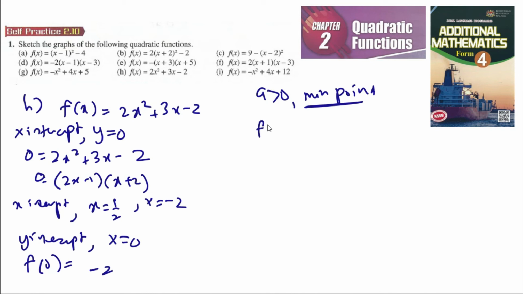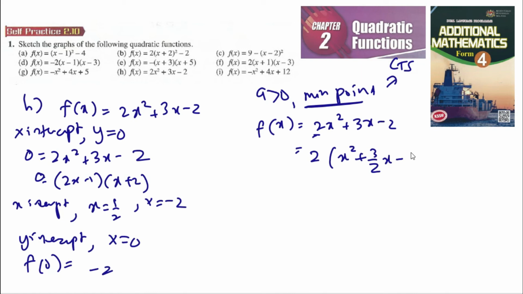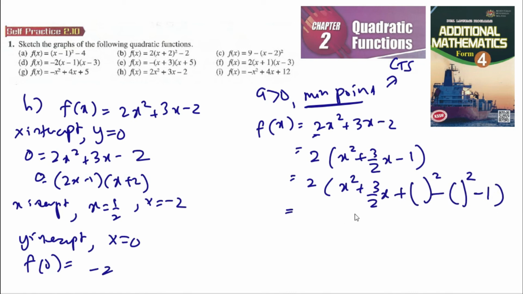So f(x) is equal to 2x squared plus 3x minus 2. To do completing the square, the coefficient of x squared must be 1. So we take out 2: x squared plus 3 over 2 x minus 1. Then we add box squared and minus box squared.